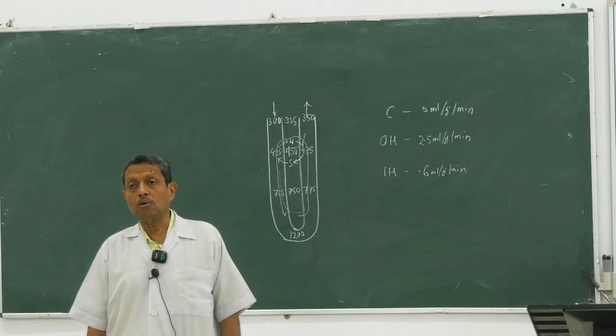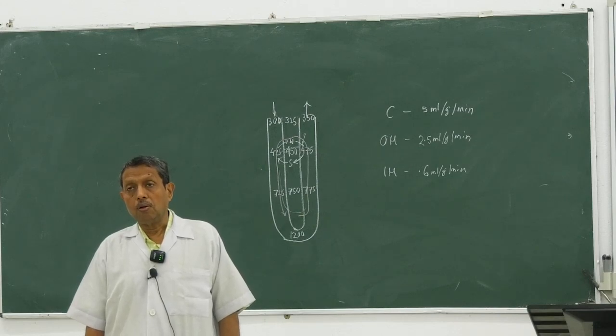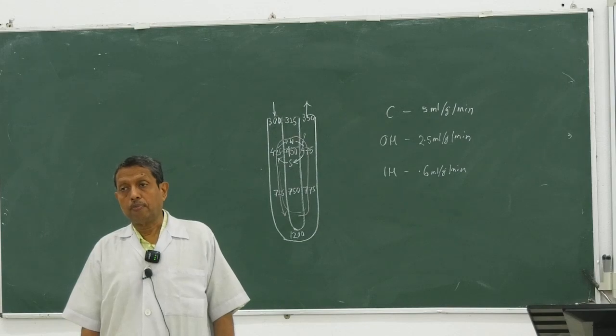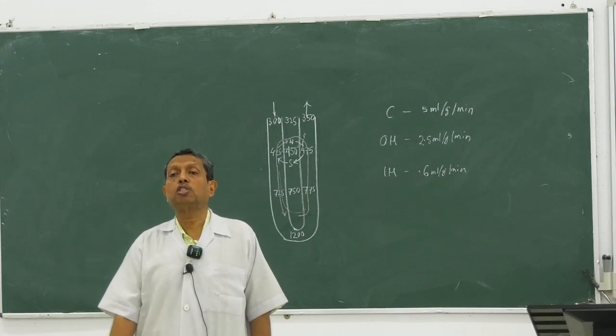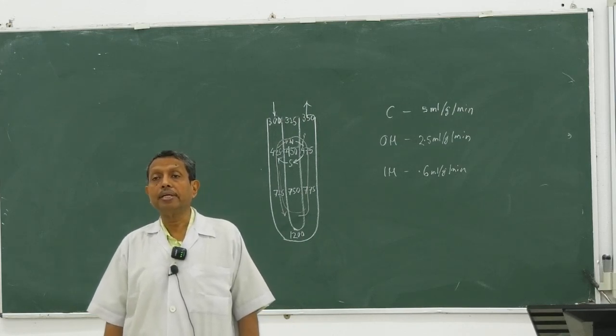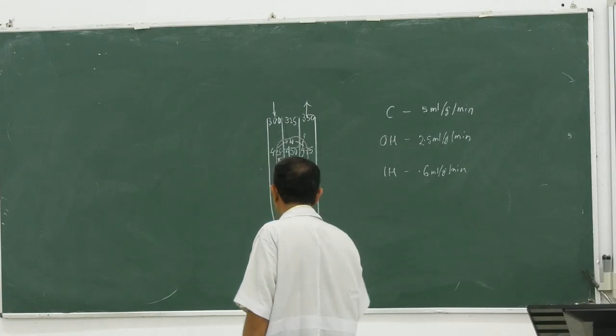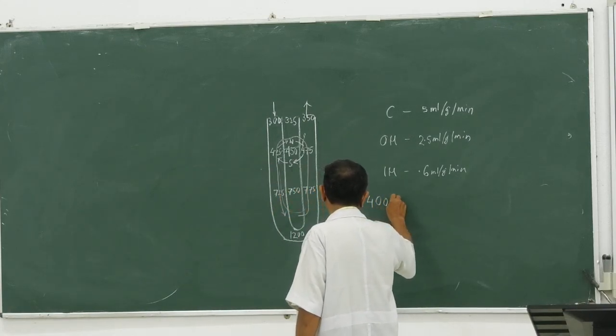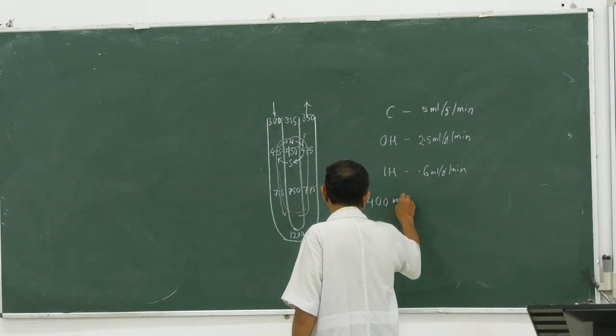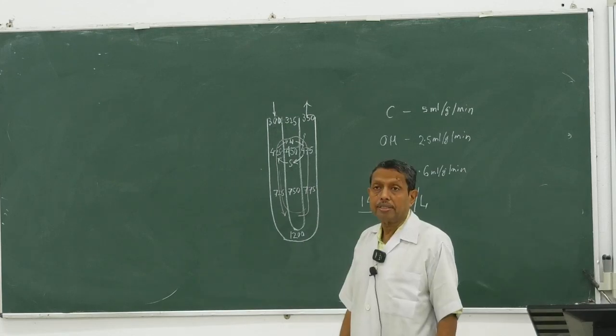Juxtamedullary nephrons have long loops, and the number of juxtamedullary nephrons matters. In this way, high concentration of urine is possible. In human beings, the maximum value in a reliable test is 1400 milliosmol per liter.